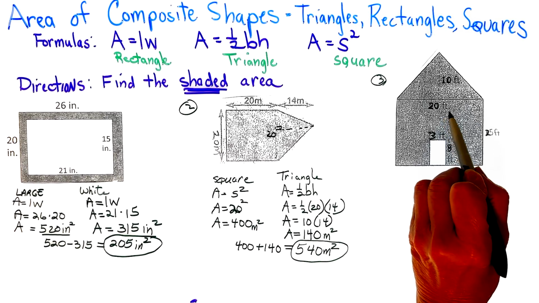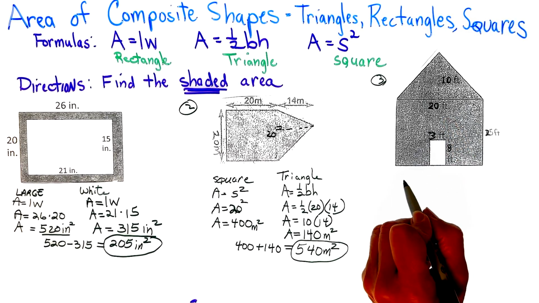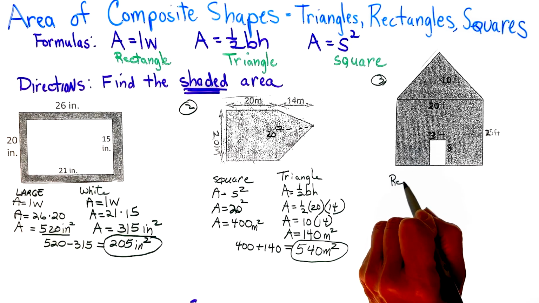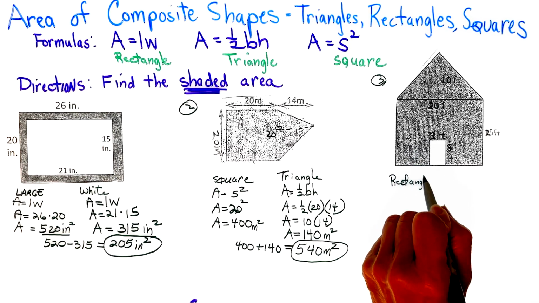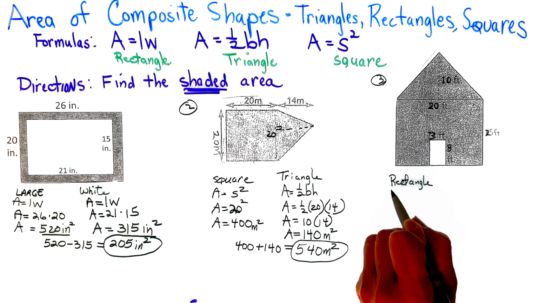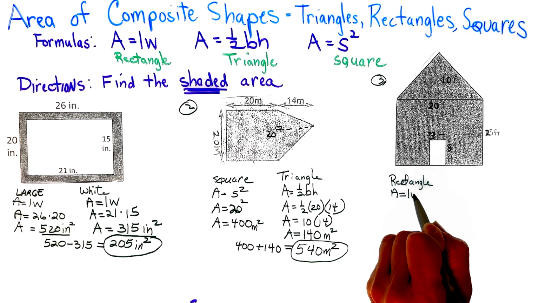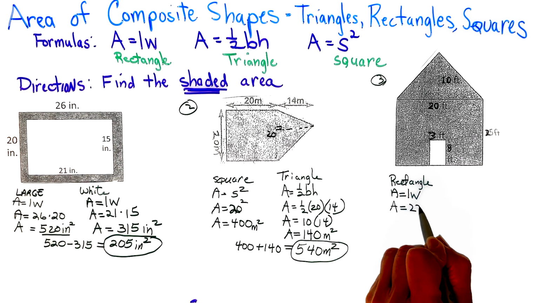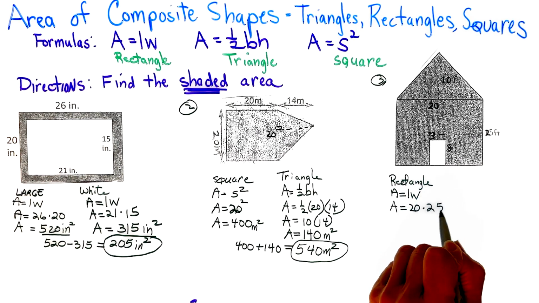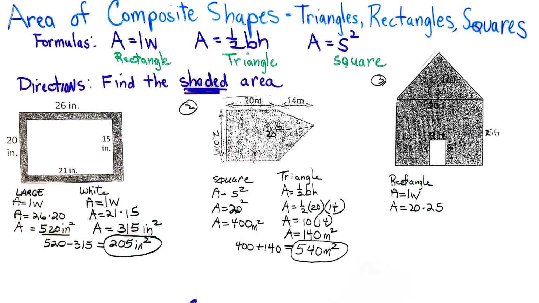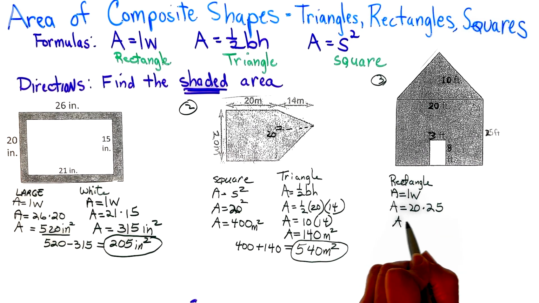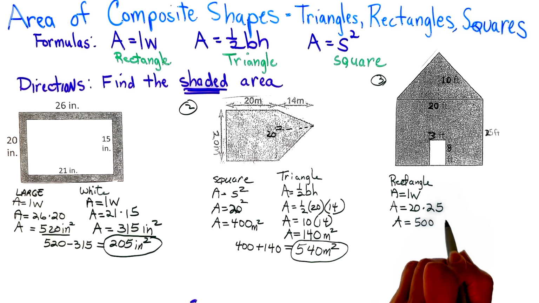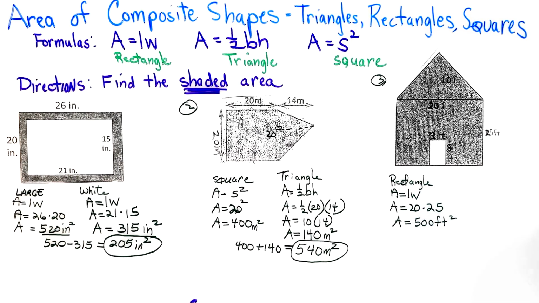I see I have a 20 and a 25. So for my rectangle, again, I like to write it. And the formula is length times width. So my area is going to be equal to 20 times 25. And when you do that multiplication, you do end up getting 500, and that is feet squared.